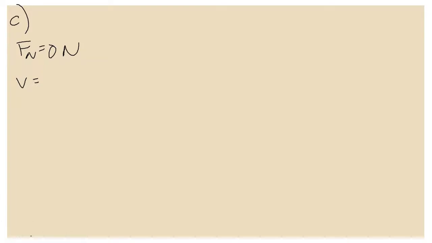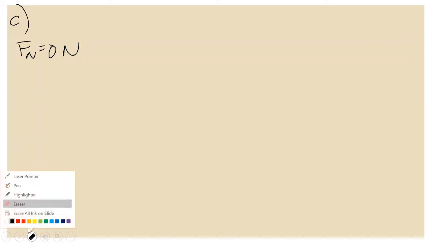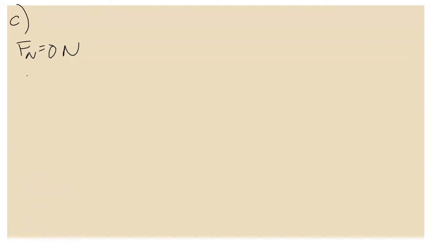The radius of curvature is 88 meters. And of course, g is 9.81. So the radius of curvature here is 88 meters. g is 9.8. I think I just said 9.81, but of course that's only for the honors class. And we're looking for the speed.